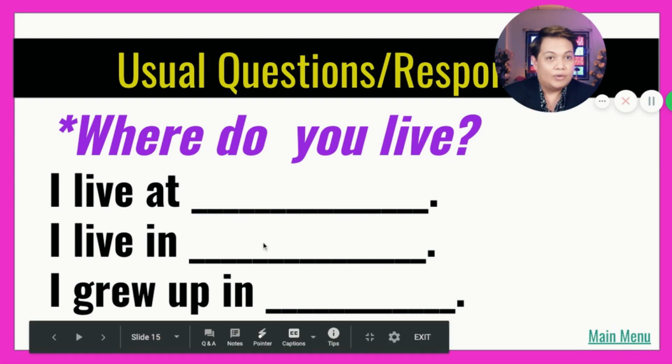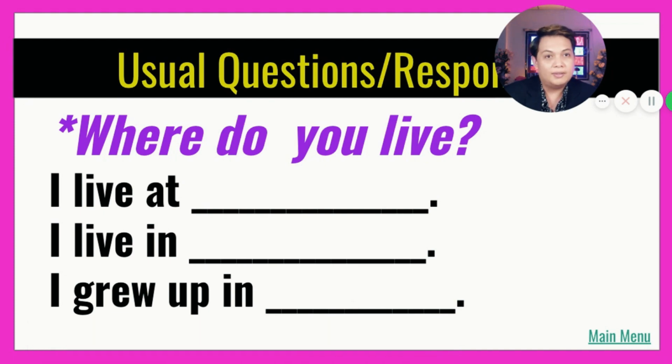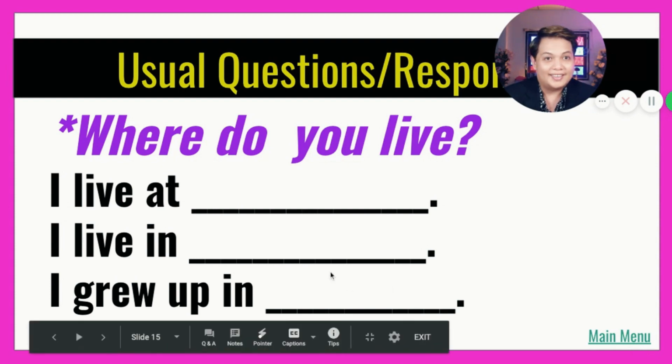I live in Rayong or Changner. So that's it. Okay? When you say I grew up in, followed by your hometown, I grew up in the Philippines, or I grew up in a town called Naga, Camarines Sur. So things like that, right? So here, fill in your information right over here.